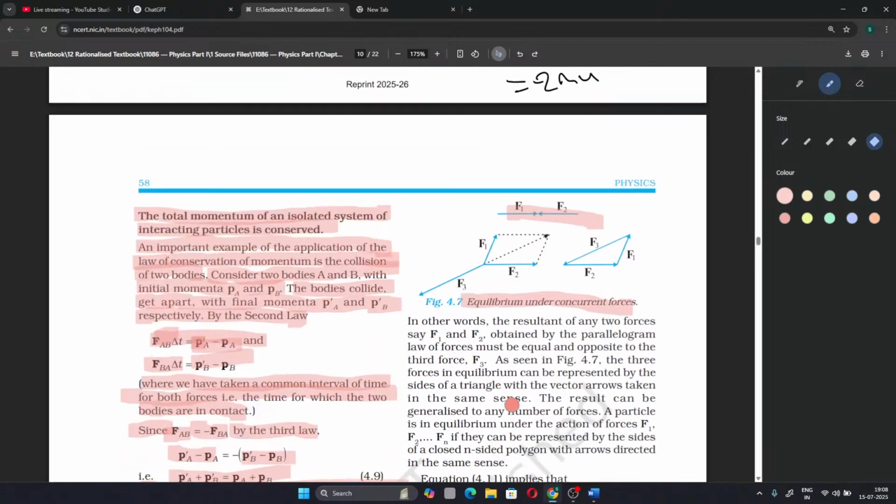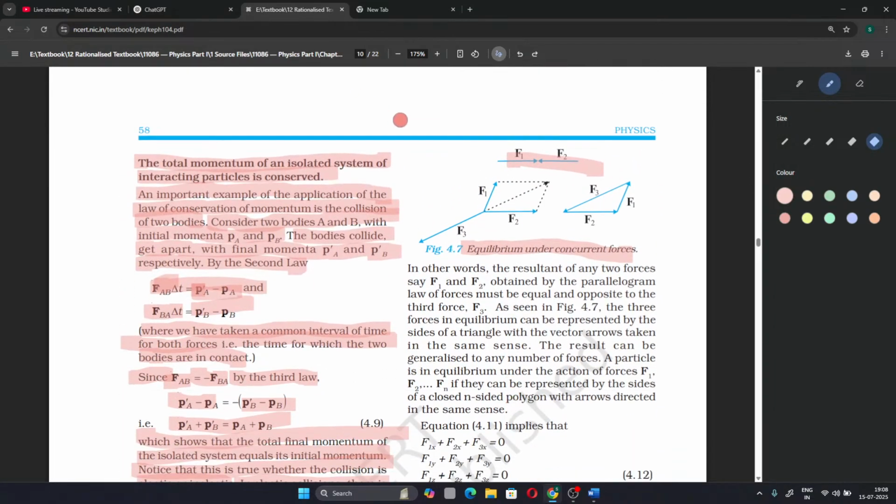Now let's say the concurrent forces, when it can be three. In the case of two equal and opposite forces, the body will attain equilibrium. And in this case, it is basically three different forces. In this system, F3 is acting this way, F1 is acting this way, and F2 is acting this way.